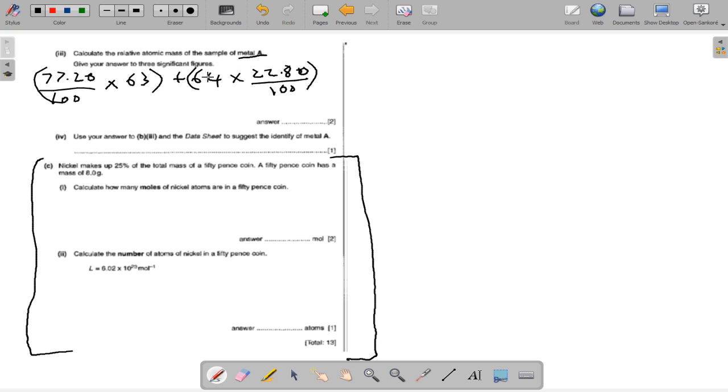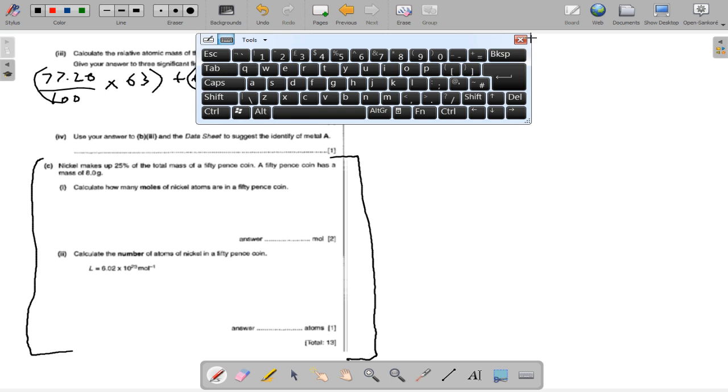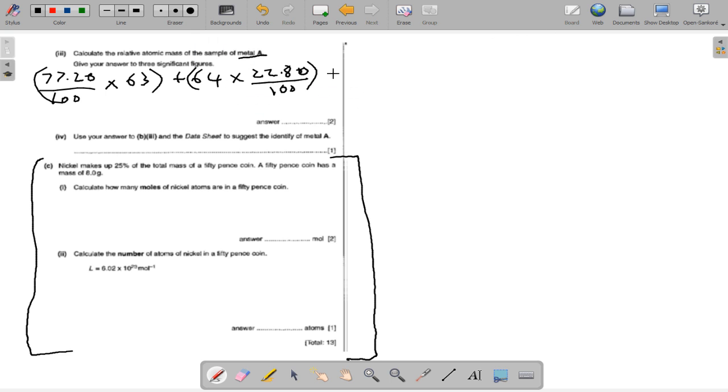Now, the reason why I'm doing it two different ways around is because it doesn't matter which way you do it, you'll still get the same number, and that number will be 95.228.